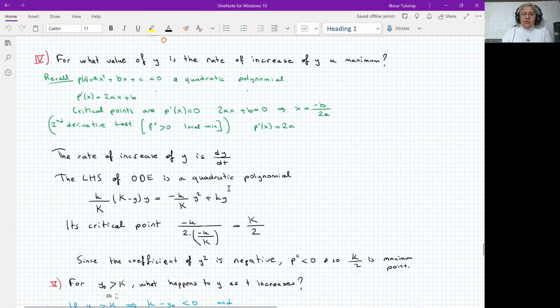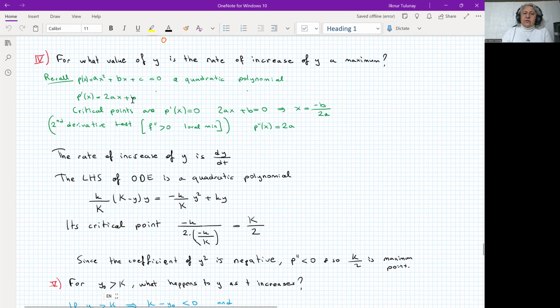Before we start, let me remind ourselves of a fact. If we have a quadratic polynomial, something like ax squared plus bx plus c, if we take the first derivative, it will be 2ax plus b, and making this equal to 0 will give us the critical point, which is x equal to minus b over 2a.